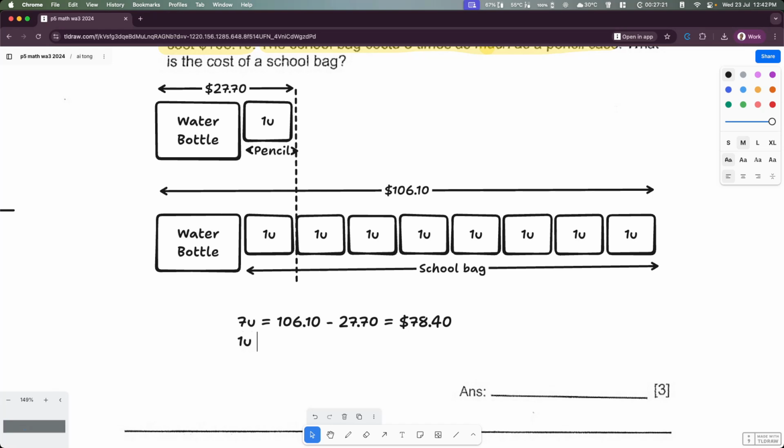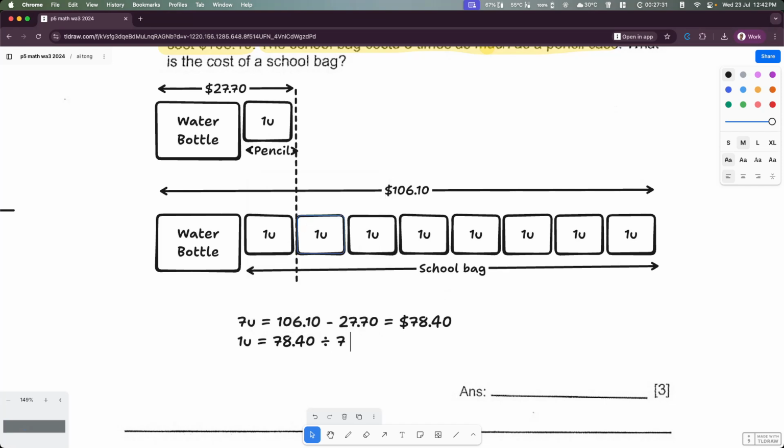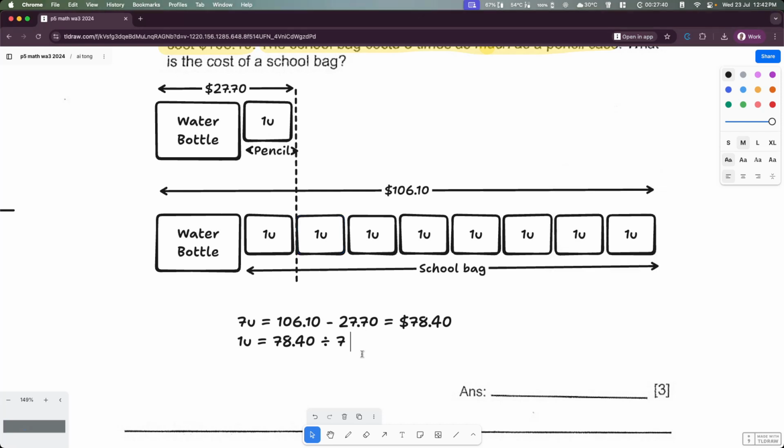So let's go for 1 unit, which is equal to 78.4. Then we divide by 7, right? So what I can do is use the calculator, and then we just divide it by 7. Okay, this gives us $11.20.